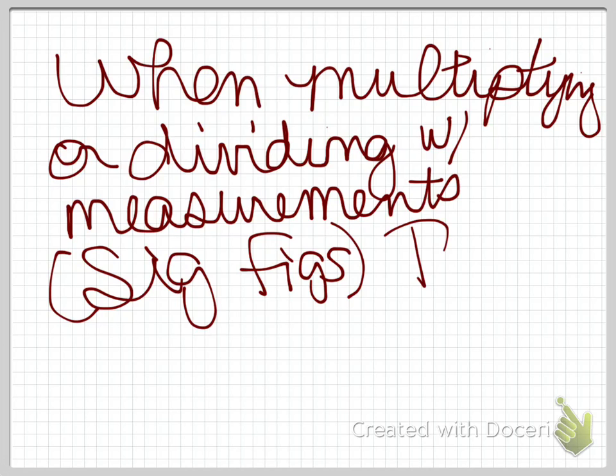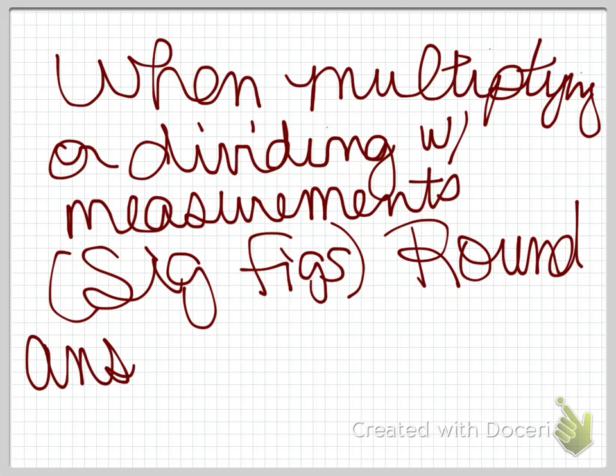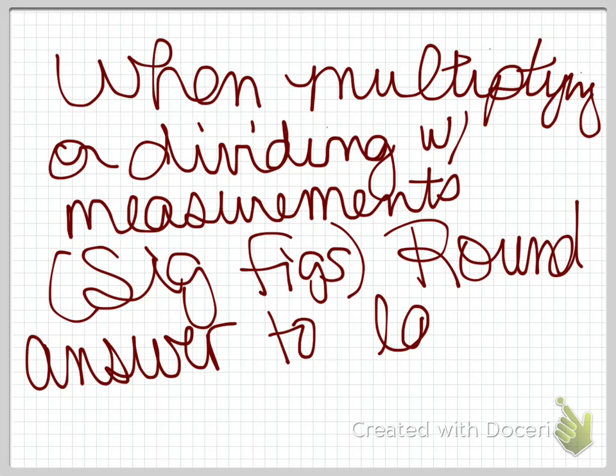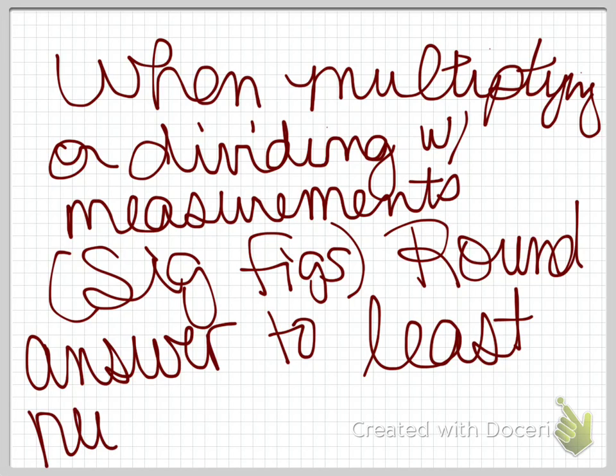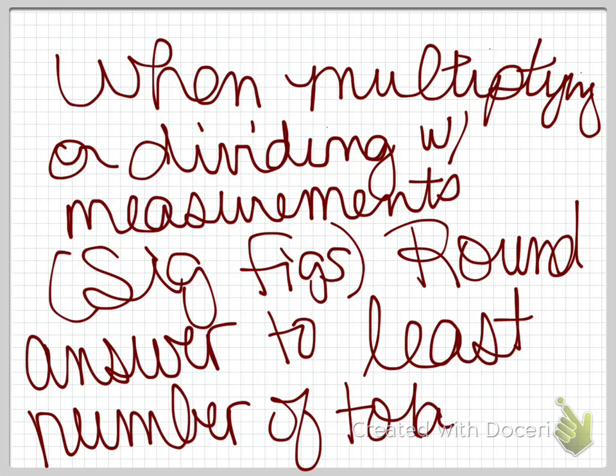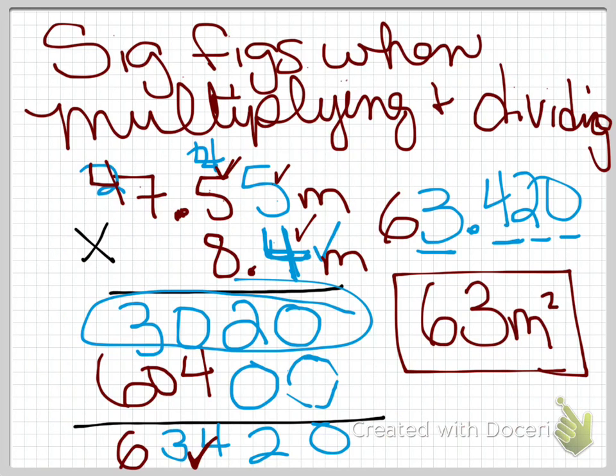You're always going to round the answer to the least number of total sigs. Now notice it says absolutely nothing about the decimal. Nothing about the decimal.